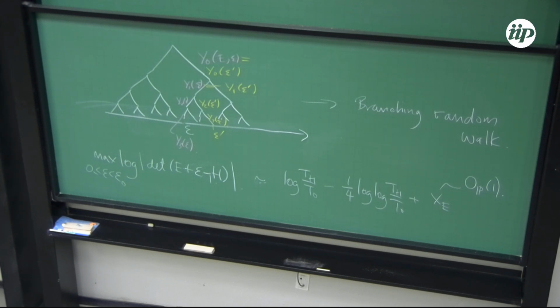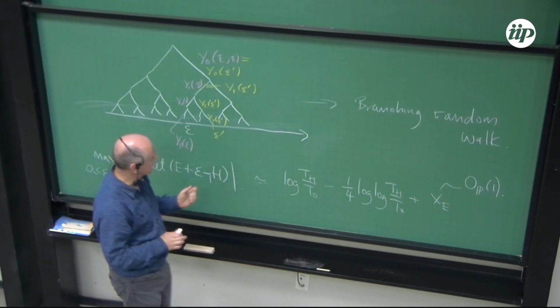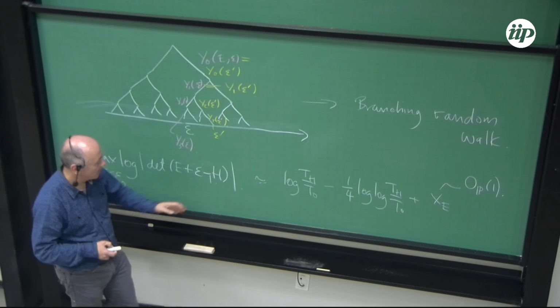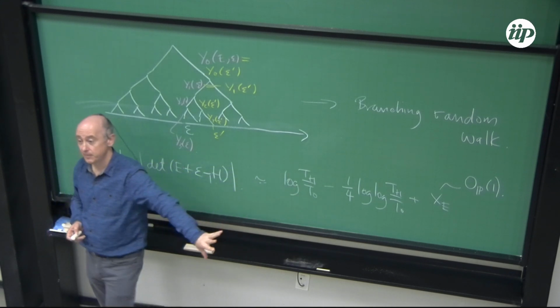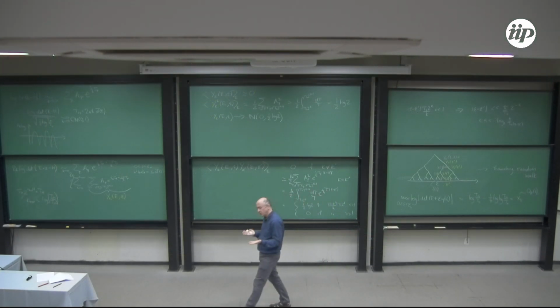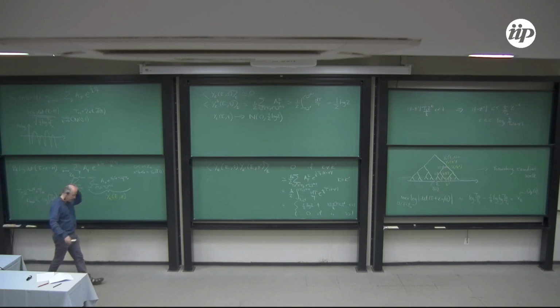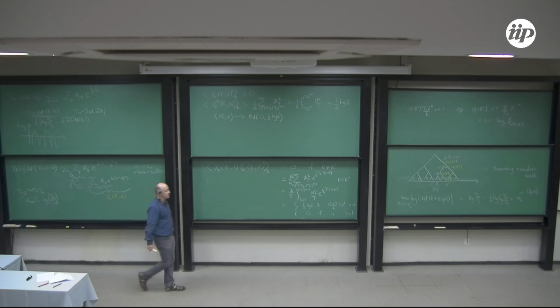So the question is, having modeled this as a branching random walk, what are the consequences of that? Well, the consequence is that this asymptotic isn't right. You would be led to this prediction if you simply said, well, I know the log of the determinant has a Gaussian limit distribution. Let's take its values at different points to be uncorrelated with each other.